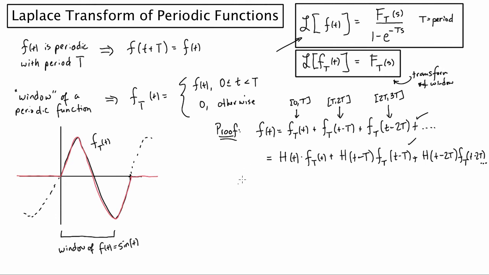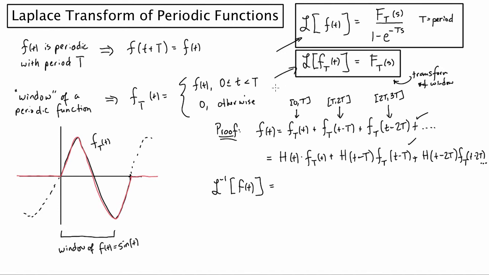And what's nice about that is if I ask you now what is the transform of this function f of t, then I can start taking transforms of each of these pieces. And the transforms of these pieces are pretty easy to find using this formula.